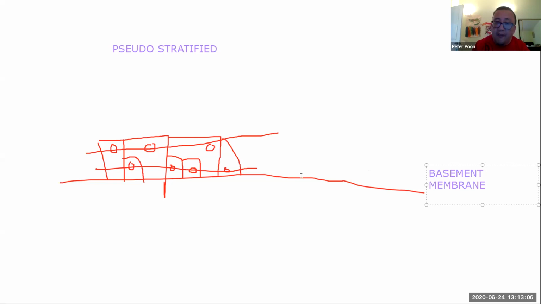Okay, every single cell touches the basement membrane. So in reality, it's only one layer, but it looks like it's more than one layer. So pseudo-stratified. Okay, hopefully that becomes clear as we talk about it.